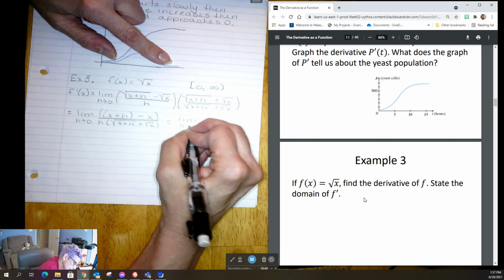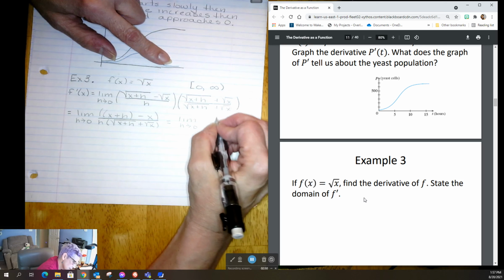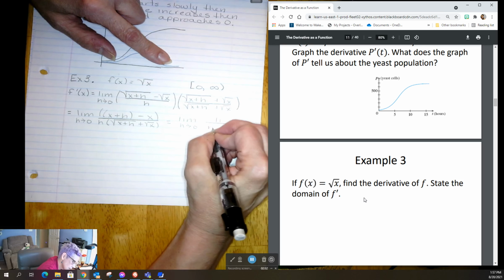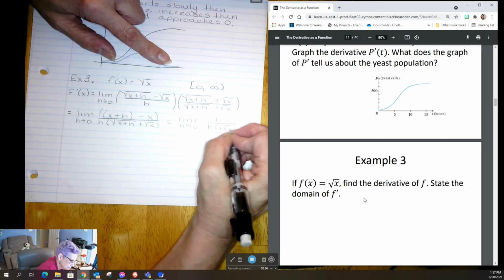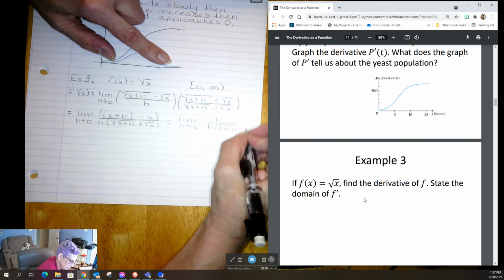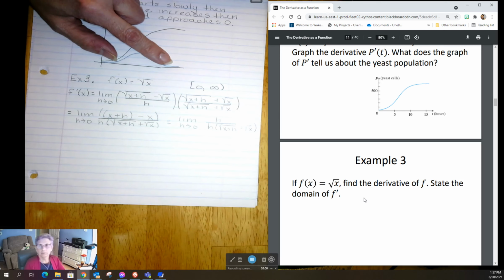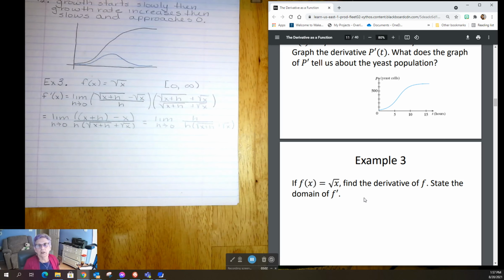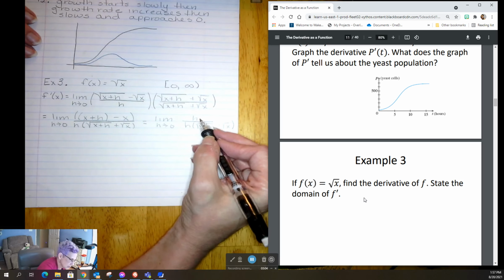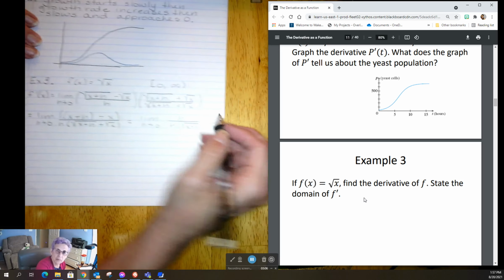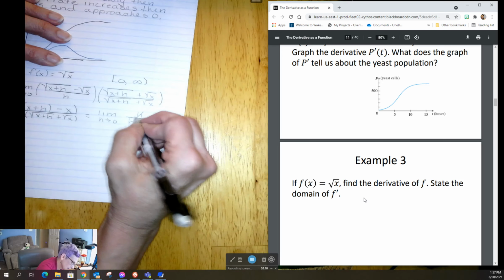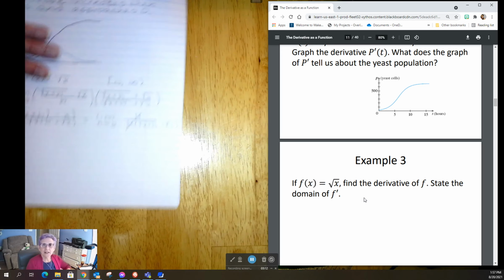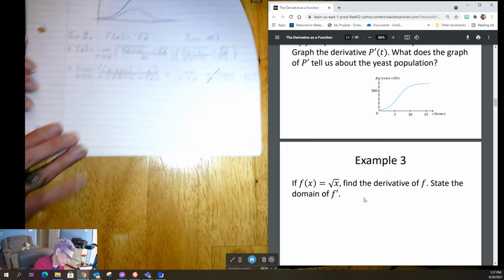Limit as h approaches 0, h over h. Now I have an h on top and an h on the bottom, and I'm really happy because I get to cancel, and I really like to cancel.